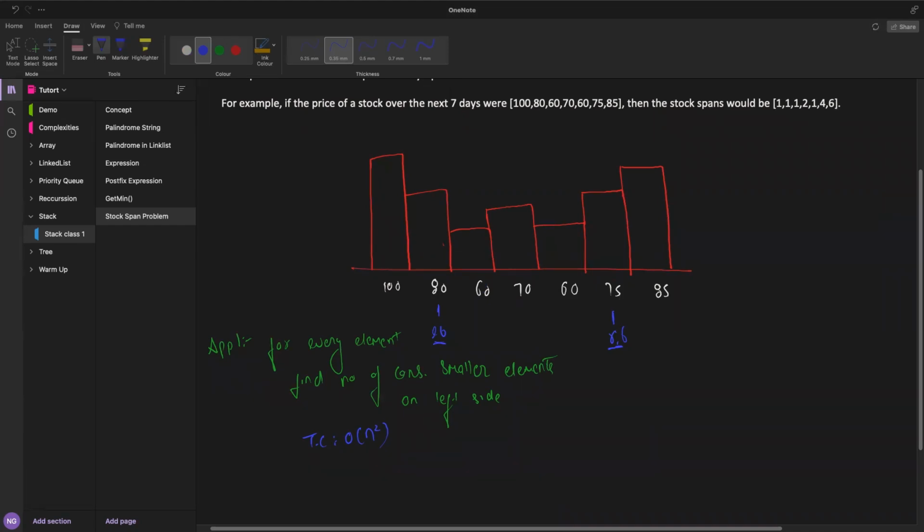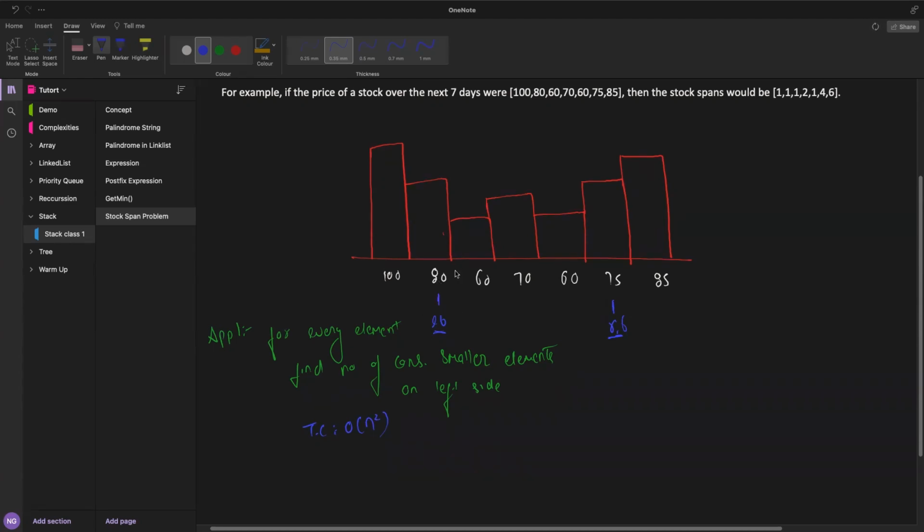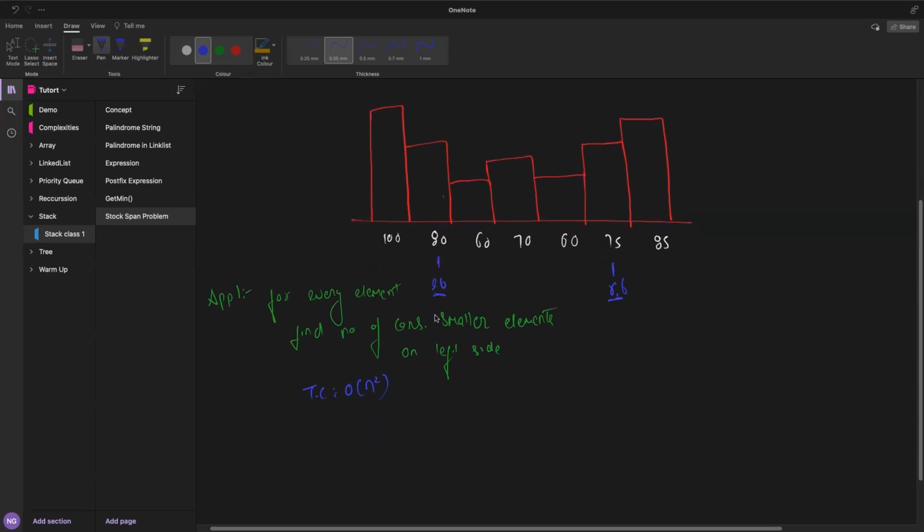It doesn't matter whether it's immediate or not, it always wants the maximum element. That will not work here because we want the immediate one. If you look at 75, 100 can be the maximum if I go by the logic of the rainwater trap problem, but here we don't want 100. It is 80 actually, the immediate one when I move to the left hand side.